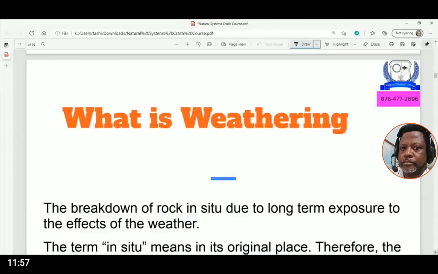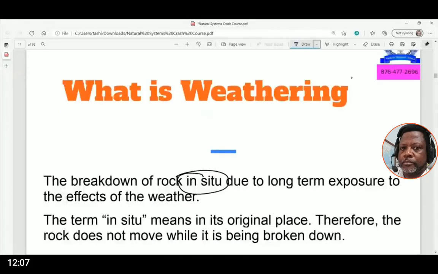But what is more important is that you include this: in situ. The syllabus asks us to include that. So if you get a question that is asking you to define weathering, do not just say weathering is the breaking down of rock. You must include the fact that weathering is the breaking down of rock in situ.